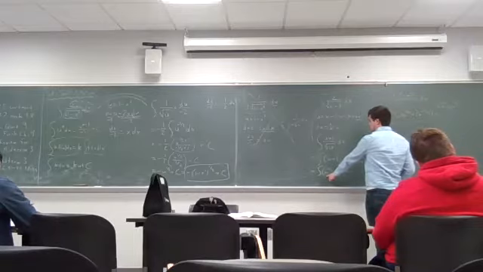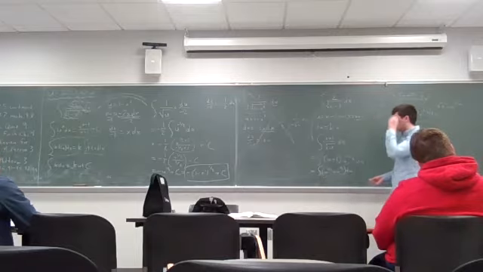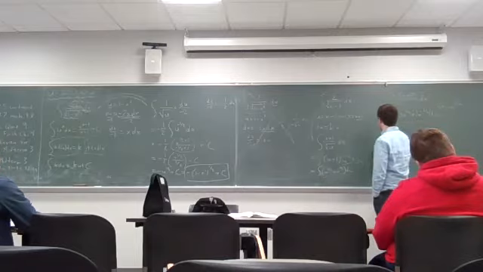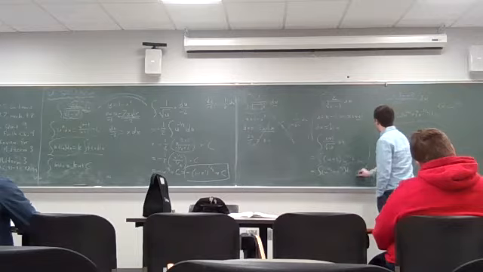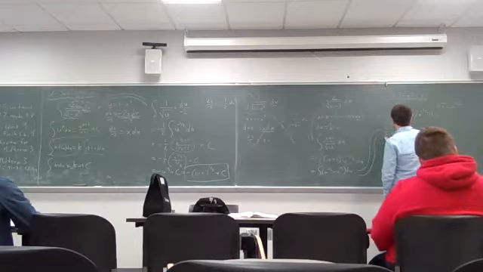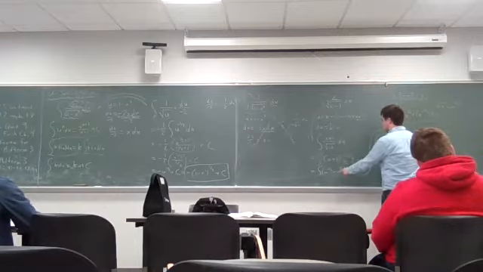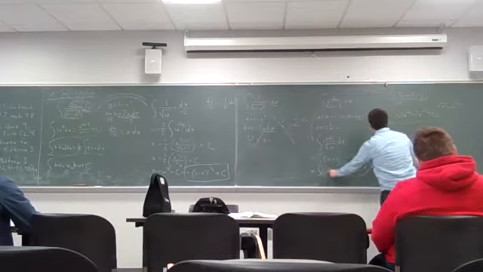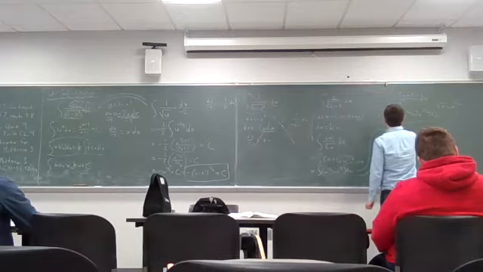What is the integral of u to the 1/2 du going to be? So we get 2/3 u to the 3/2. So this is u to the 1/2 plus 1 over 1/2 plus 1.